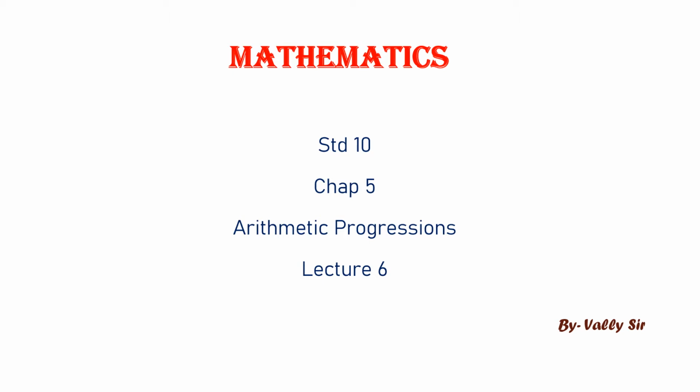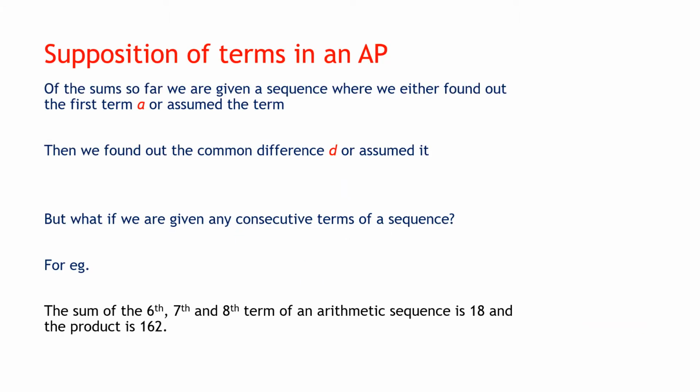Okay, so a quick revision of what we have done so far. Of the sums we have done so far, we were either given a sequence in which we found out the first term a and the common difference d, and then found out the nth term, or we found out n and then solved the sum.